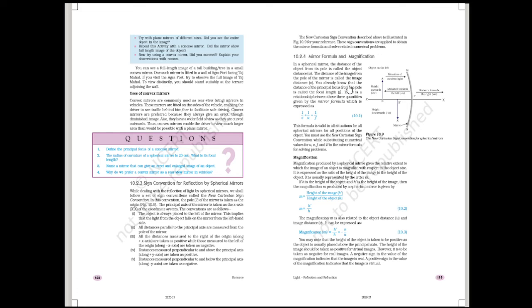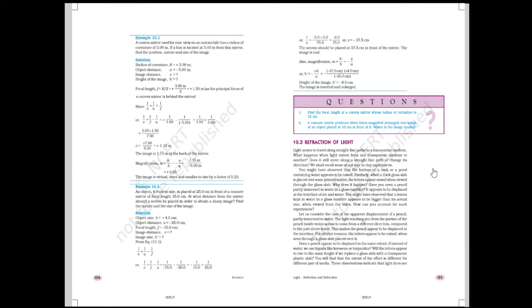Mark these lines: the negative sign in the value of the magnification indicates that the image is real, and the positive sign in the value of magnification indicates that the image is virtual. We will discuss these examples in the next few classes.